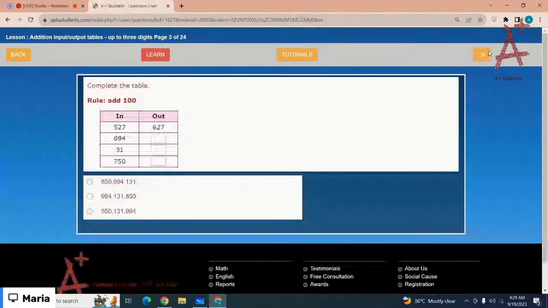Complete the table. Which is the correct option? You have to add 100 to each value in the input table, right? You have to add 100, so it would be 994, 131 and 850, right? That would be the second option.